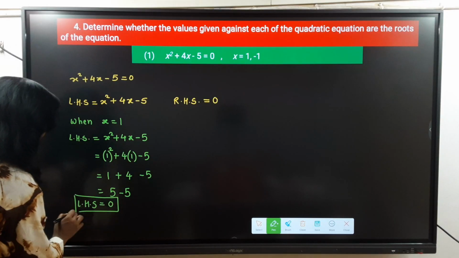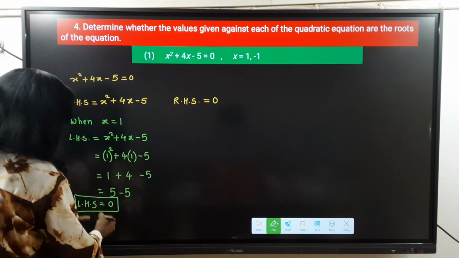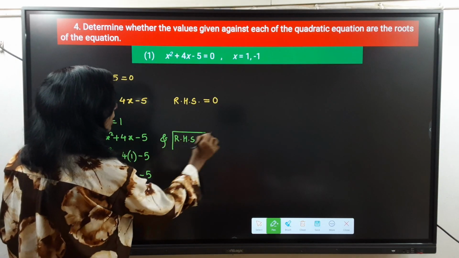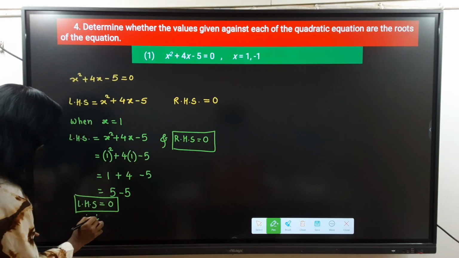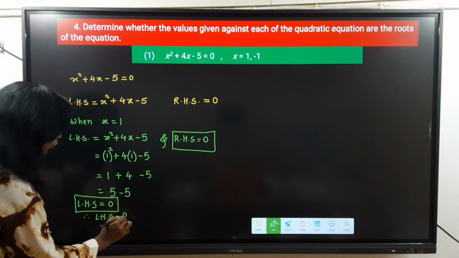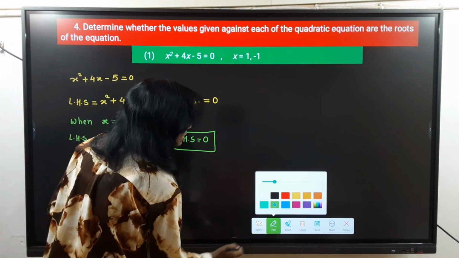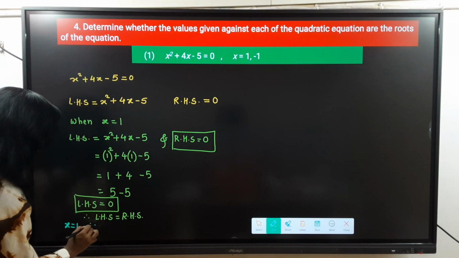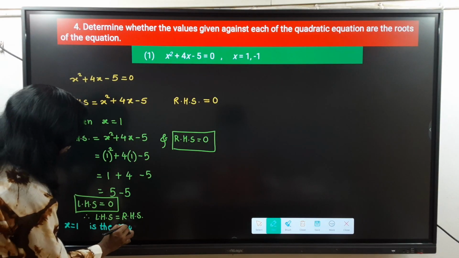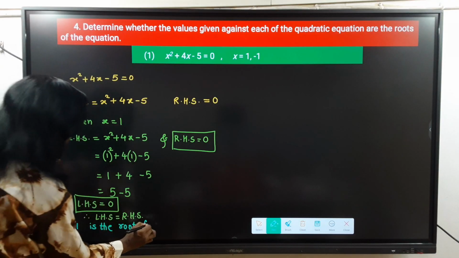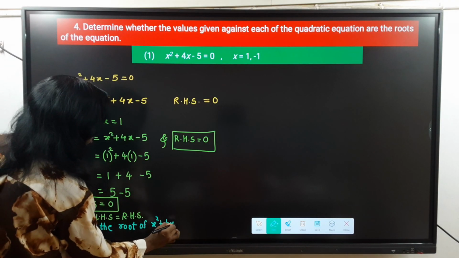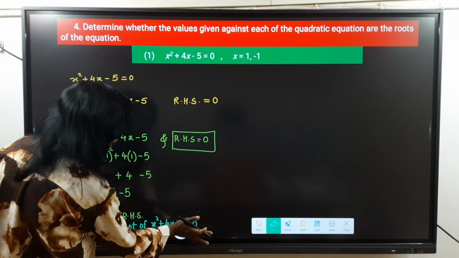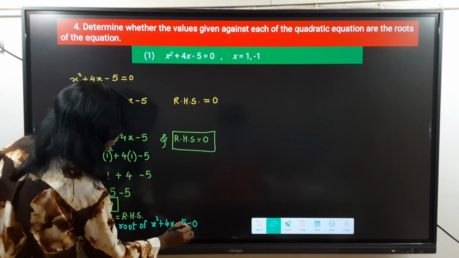Now when x is equal to 1, the LHS is equal to 0, and the RHS is equal to 0. Therefore LHS is equal to RHS, and that's why we finally say that x is equal to 1 is a root of x square plus 4x minus 5 is equal to 0.